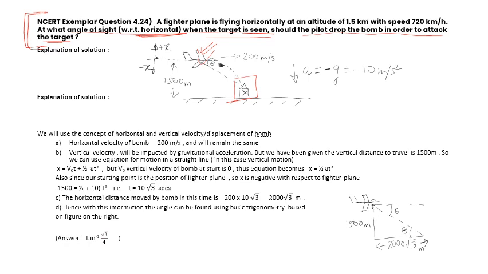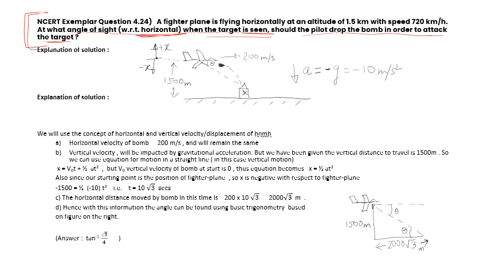So they say at what angle should the target be, this angle theta. At what angle should the target be with respect to the pilot? At what angle of sight should the target be seen with respect to the pilot? So this angle theta, when if the pilot drops the bomb, it will hit the target.